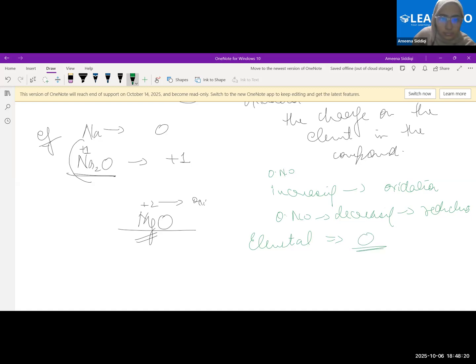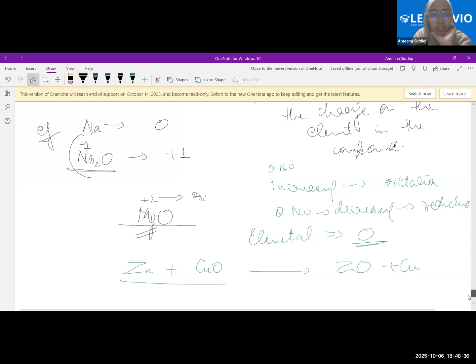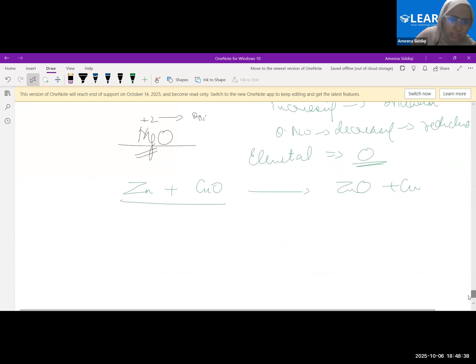I will show you the examples so that it is clear. Let's say zinc plus copper oxide. This is a chemical reaction. Now, if I ask you what type of chemical reaction this is, I think you will say simple displacement reaction.